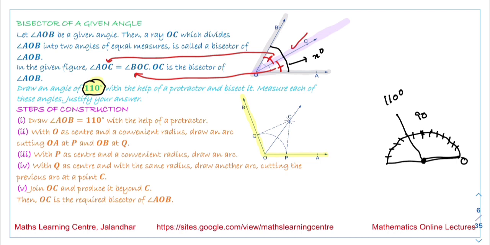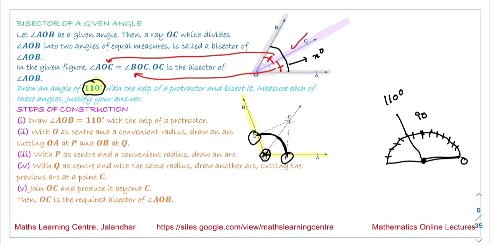To draw the angle bisector, we keep the tip of the compass at this point O, and we have drawn an arc QP. We have opened the compass to a fixed length, and we have marked this arc QP.